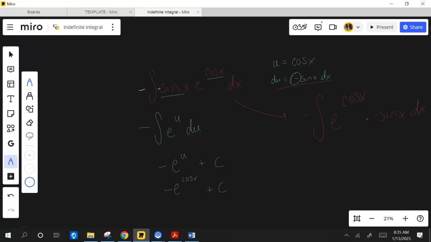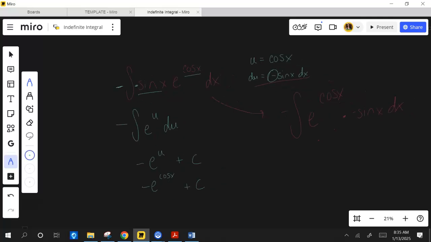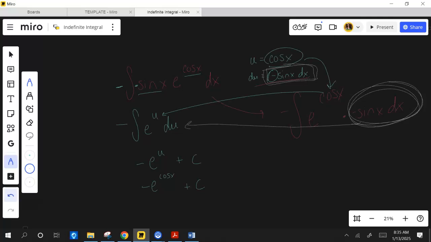Then this is u, and du is negative sine x dx. All of this becomes the du.